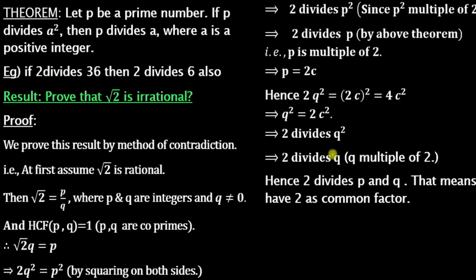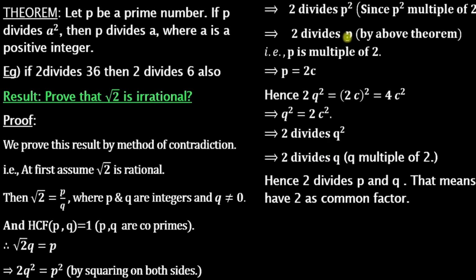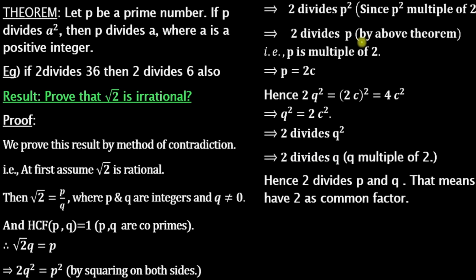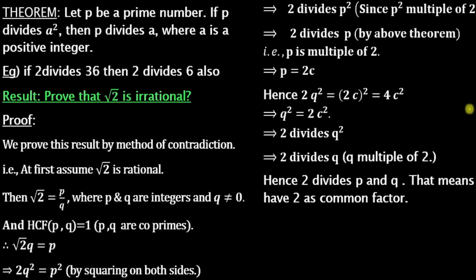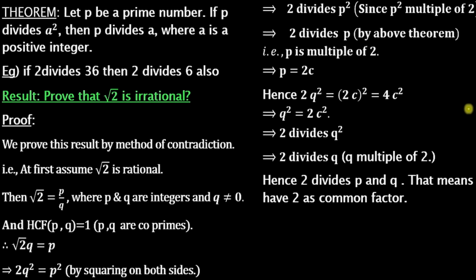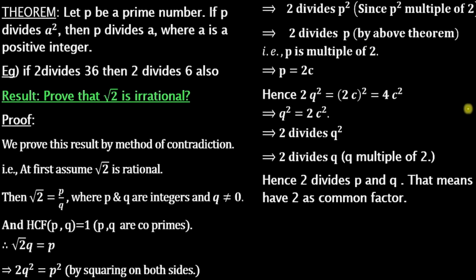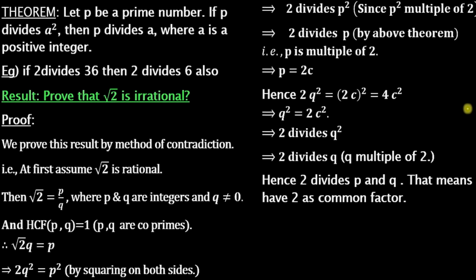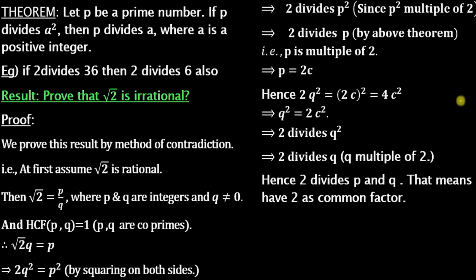Hence, what did we get? 2 divides q and 2 divides p. Hence, p and q have a common factor, which is 2. That is, the highest common factor of p and q is 2 or something greater than 2, not 1.